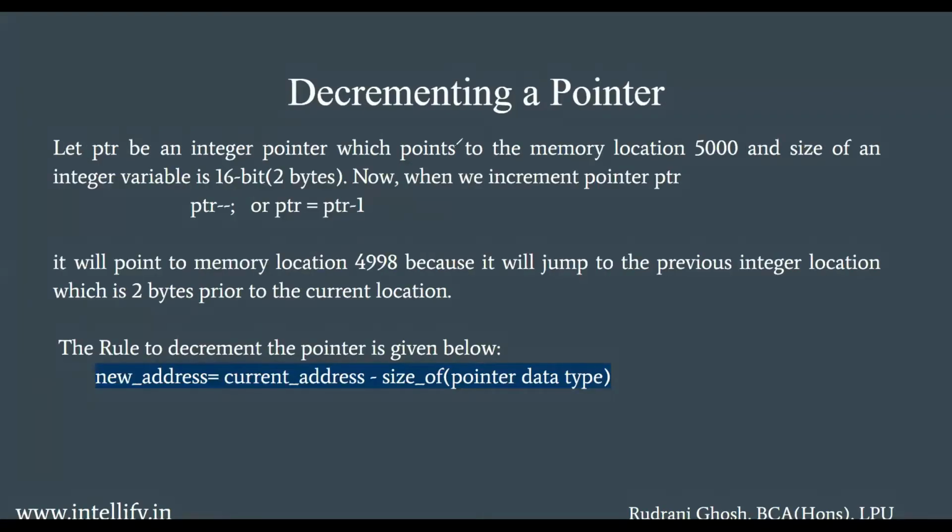Similarly, when we decrement the pointer, that means we will be going a step back. We will be reducing the pointer by 1. At that time, we follow the same rule. If the base address, or the first location, is at 5000, then the previous element's address will be the base address minus the size of the pointer data type. This is the formula.